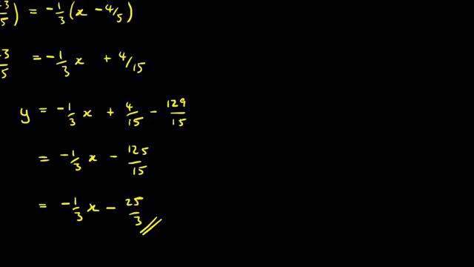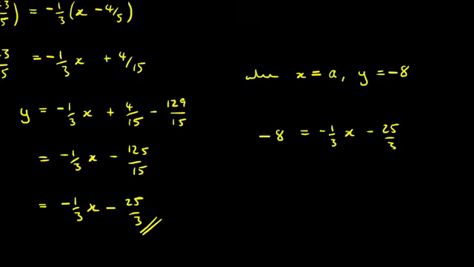All right, so now we're going to say, when x is equal to a, y is equal to negative 8. So we can say negative 8 is equal to negative 1/3 x minus 25 upon 3, or actually we can replace the x with an a.